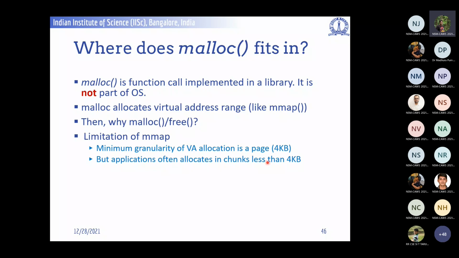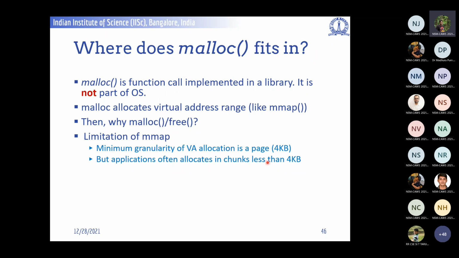The problem with mmap is that you have to allocate only in 4 kilobyte granularity or a multiple of that, right? But often you will have small allocations, 128 bytes, 256 bytes. And if you always have to get a 4 kilobyte chunk, this will waste a lot of memory, right?